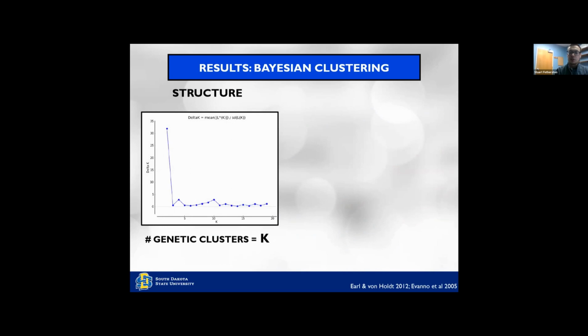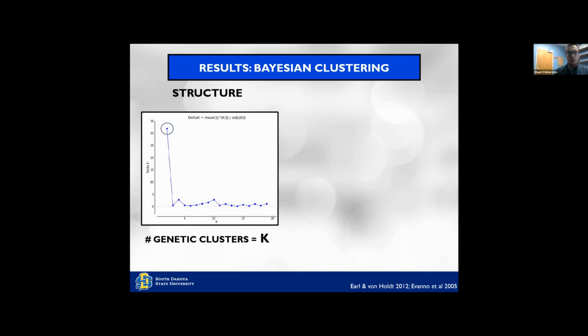And so with evidence of structure, I went ahead and ran the two Bayesian clustering algorithms, the first of which being program STRUCTURE. Both of these programs represent the most likely number of distinct genetic clusters by the value K. For STRUCTURE, I used the test for delta K to analyze the most likely number of clusters.